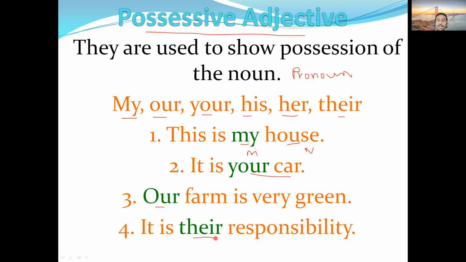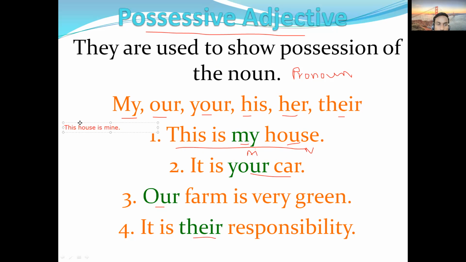Okay. And another example, this is my house. And if I say, this house is mine. In that case, what change do you find here? My, second version, mine.